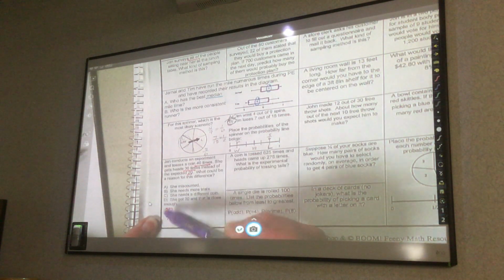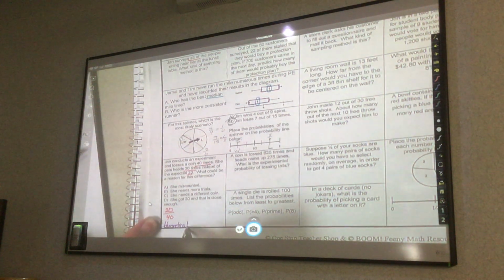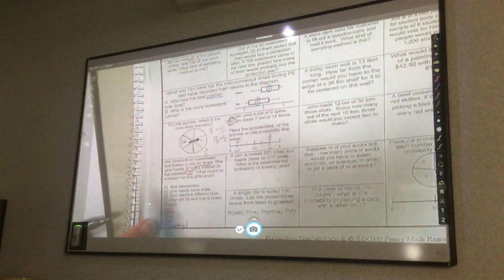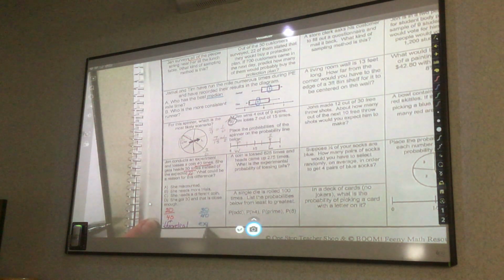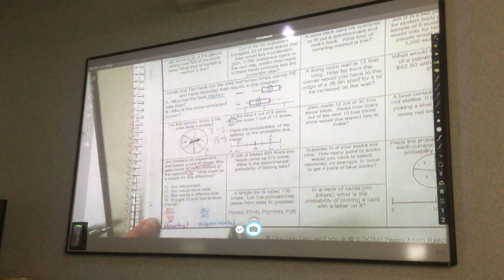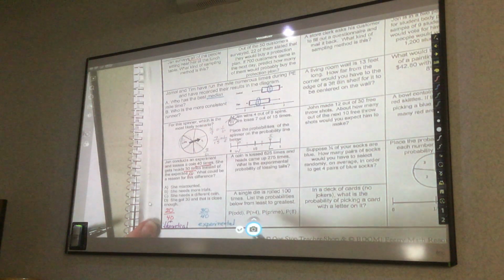No, 20 out of 40 is theoretical, because theoretical is what you expect to happen. So then her 30 out of 40 is my experimental probability. You gotta know those terms, write those down. One's the theoretical and one's the experimental.